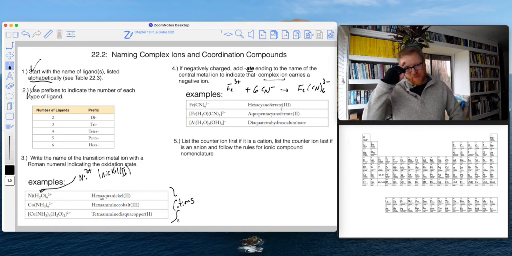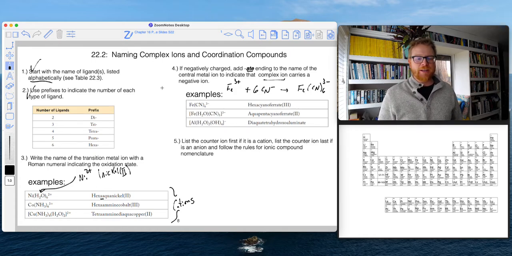Okay, so I know that that gets confusing here. So we're going to say iron equals ferrate when it's the negatively charged. Another one to remember, copper becomes cuprate. Okay, so that one was a little confusing.